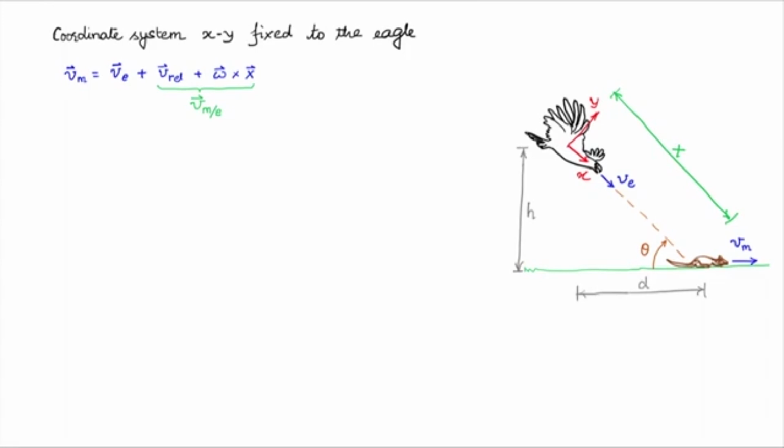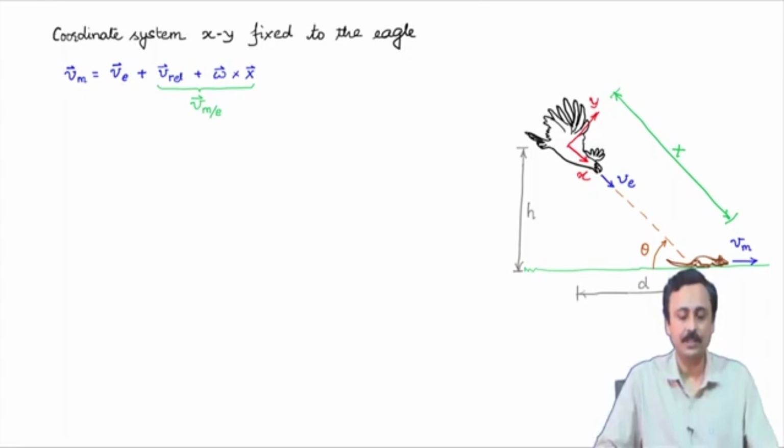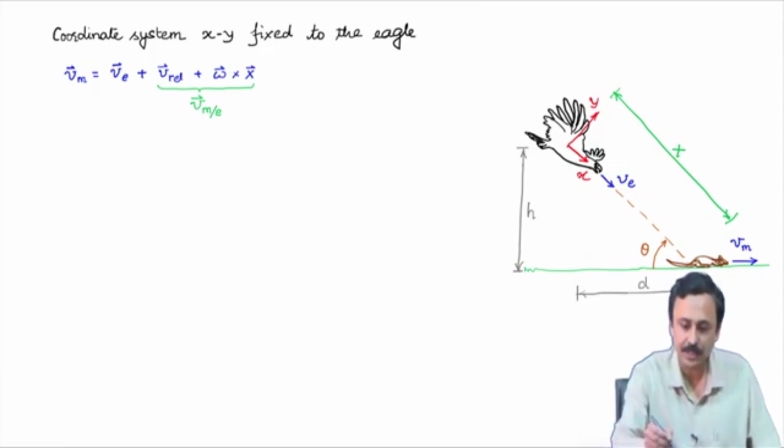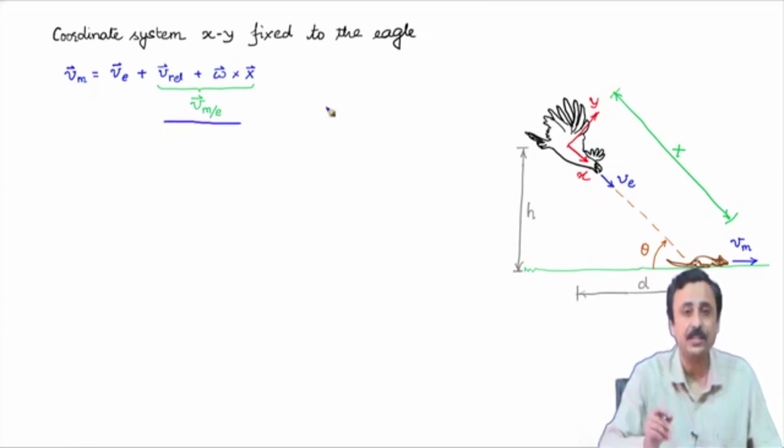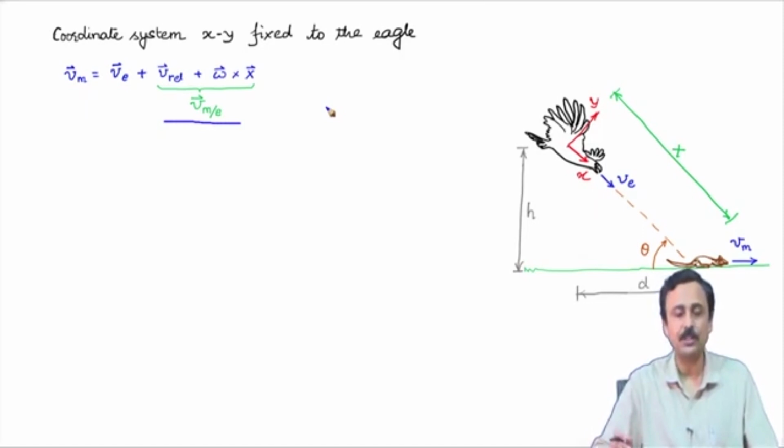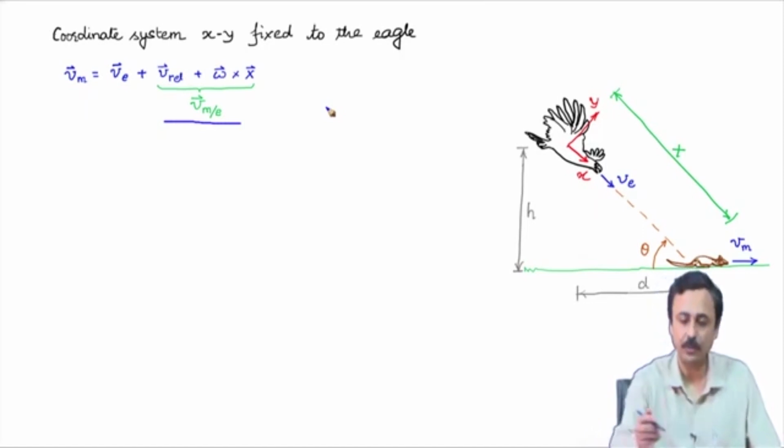So, omega cross the x vector. This is the standard kinematic relation which we have derived. So, velocity of the mouse in terms of the velocity of the eagle, and this extra term, for future reference, let me point out this whole term V rel plus omega cross x, this is the relative velocity of the mouse with respect to the eagle.